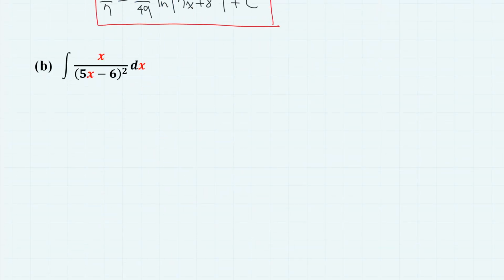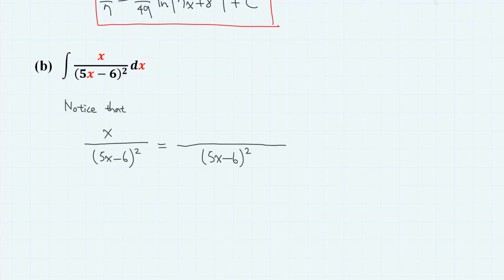Next, the second problem, which is the integral of x over (5x minus 6) squared. The process is quite similar to the previous problem. We don't want x here, we want 5x minus 6 here, because then it can be cancelled out.